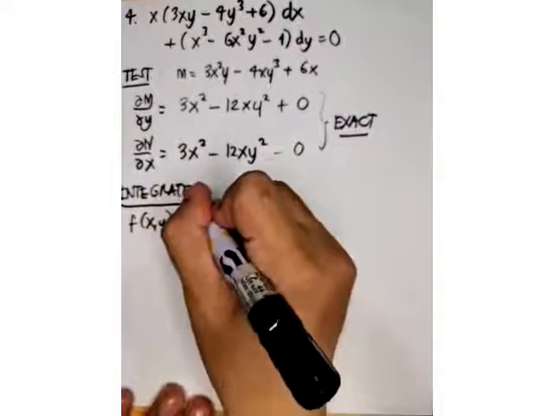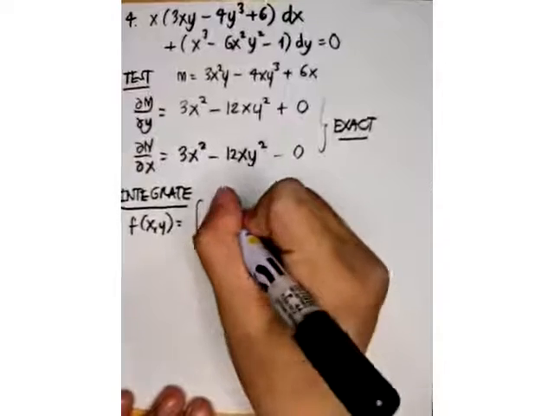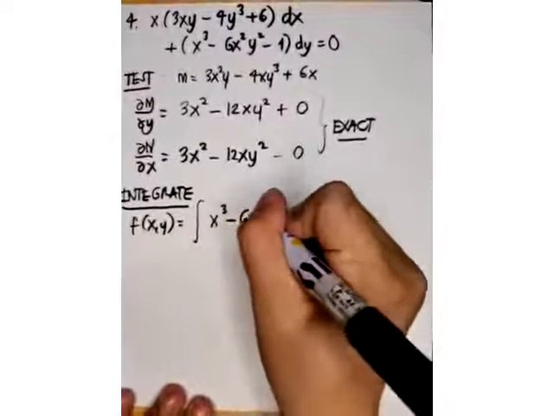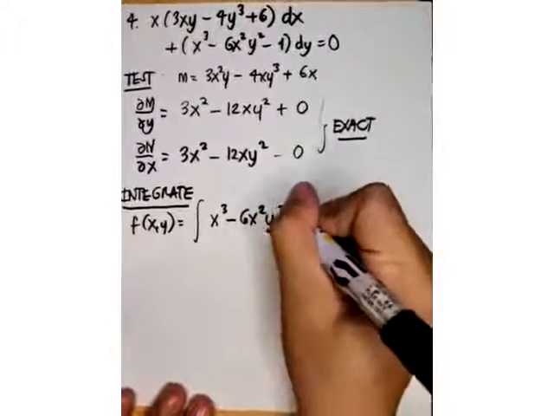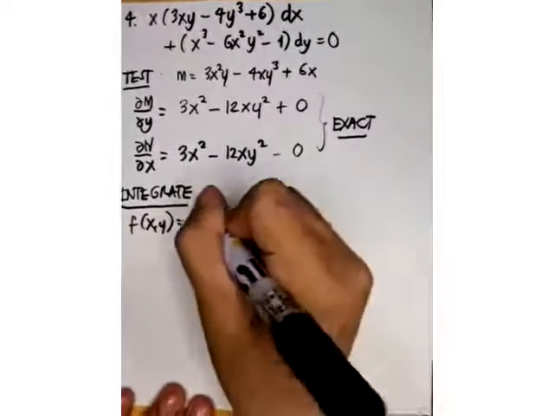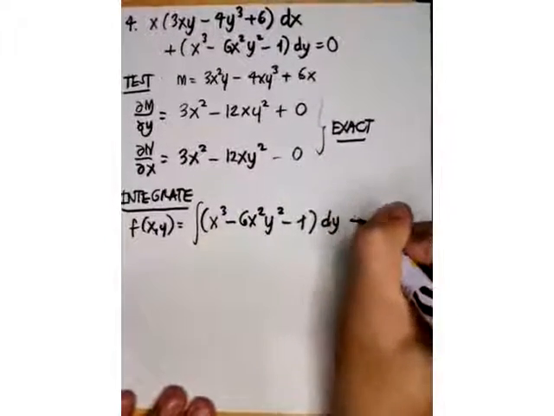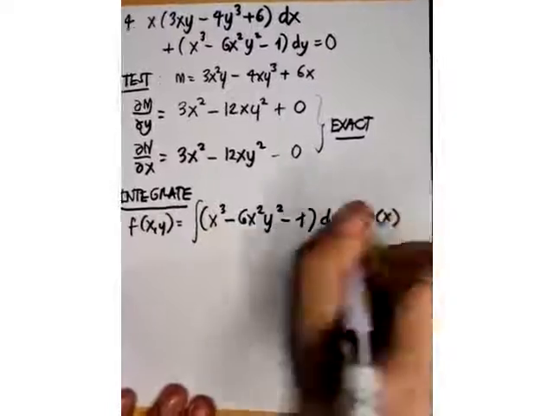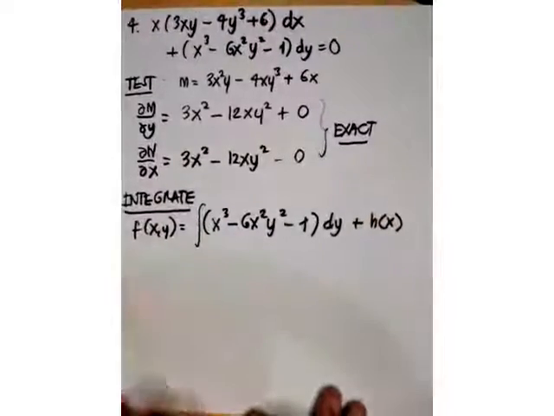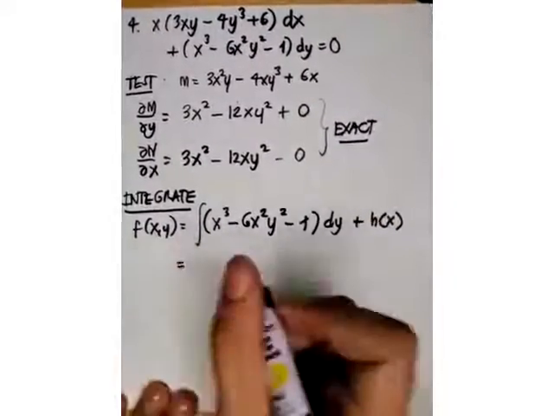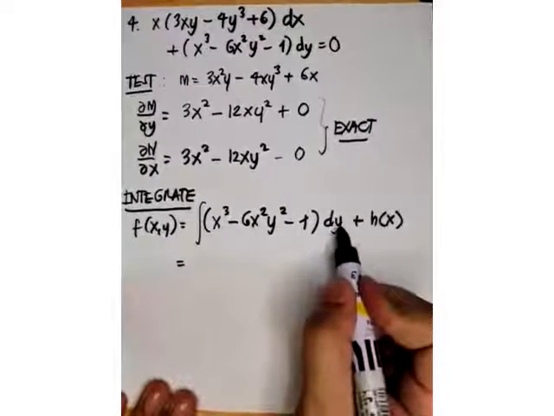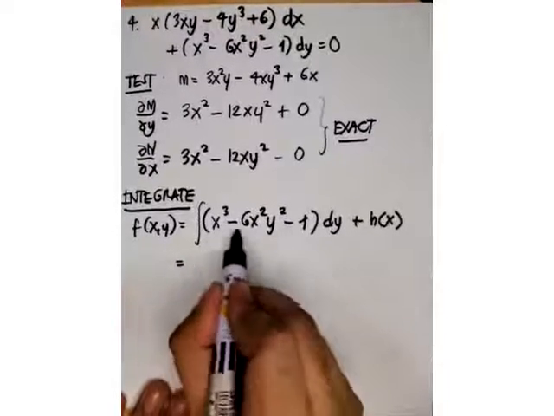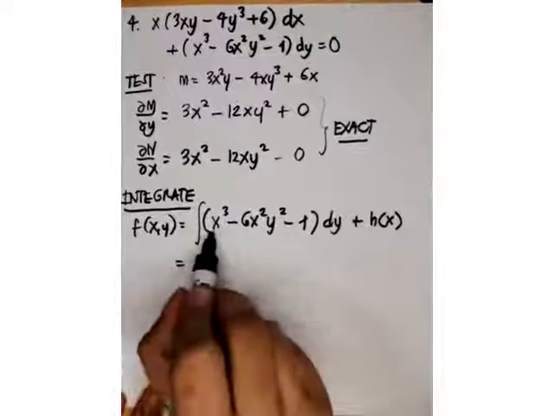So that's the integral of x cubed minus 6x squared y squared minus 1 dy plus h of x. Okay, so let's integrate, class. We're integrating dy. So that means mga x natin ay puro pa rin sila constant.